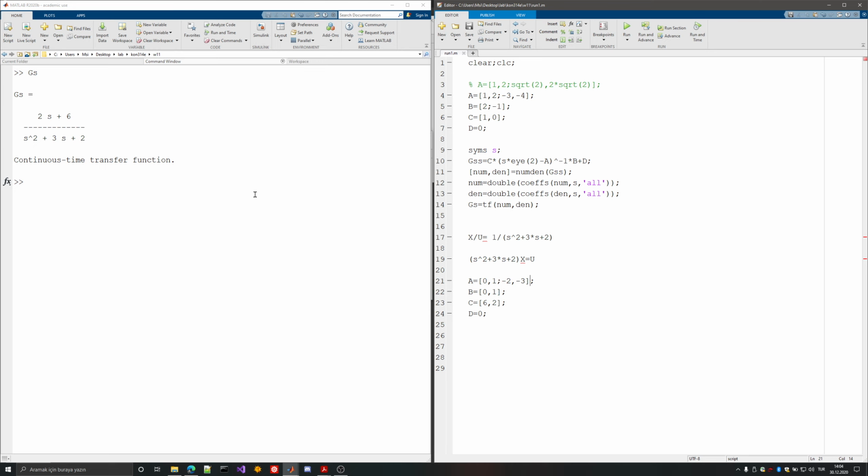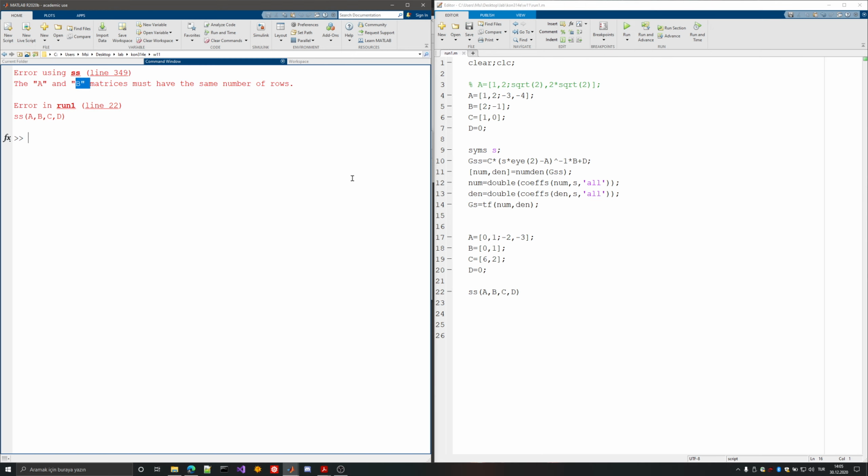If it's biproper, then you should look for the integer part, or non-fraction part, that will directly be the direct term d, and then you will use that. So basically, by just looking at this, I have acquired the state space model here, and you can now define your system using this.